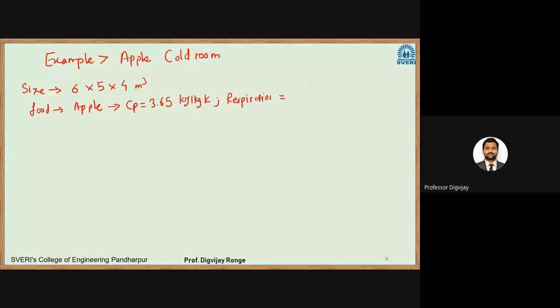So respiration rate for apple is 1.9 kilojoule per kg per day. Okay. That means in one day, 1.9 kilojoule of energy per kg of apple is released through the process of respiration. Okay, respiration we know is the oxidation reaction. That is why it is an exothermic reaction. That means energy is being released during the reaction.